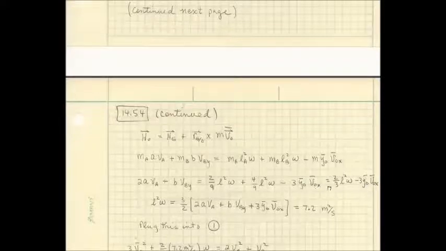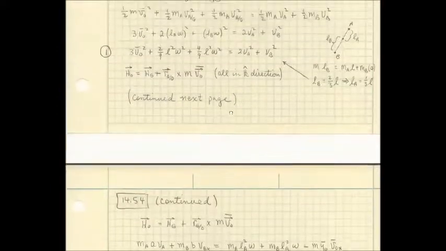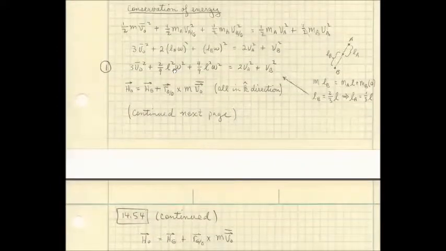I'm going to do something a little unusual here. I'm going to solve for L squared omega out of this equation. When you do, you get all this right here, which is known. It turns out to be 7.2 meters squared per second. I'm going to plug this back into equation 1, because if you go back and look at 1, the unknown in there is L squared omega squared.